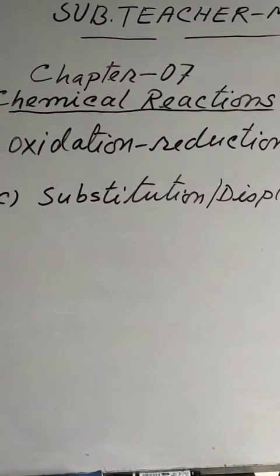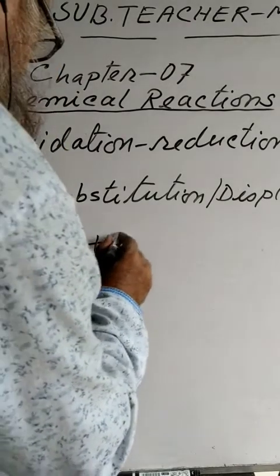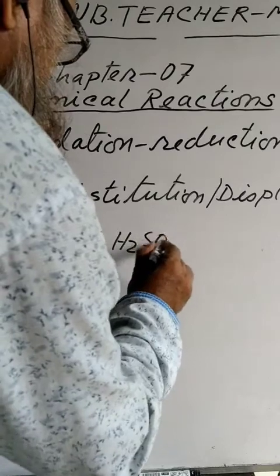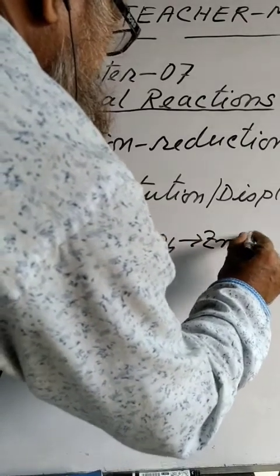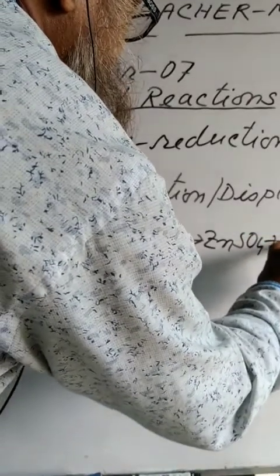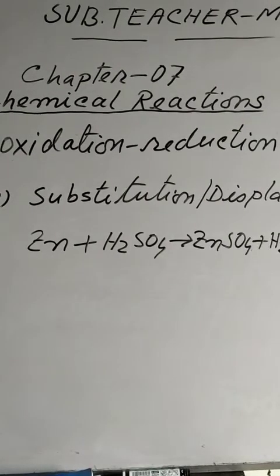Now, the reaction in which an element displaces another element or radical from a compound and takes its place is called a displacement or substitution reaction. For example, zinc plus sulfuric acid react together to form zinc sulfate plus hydrogen gas.